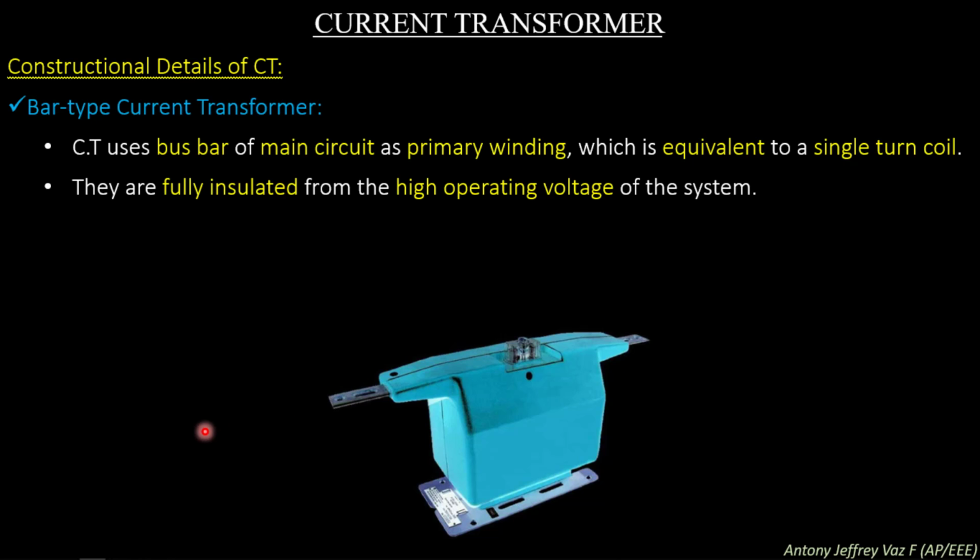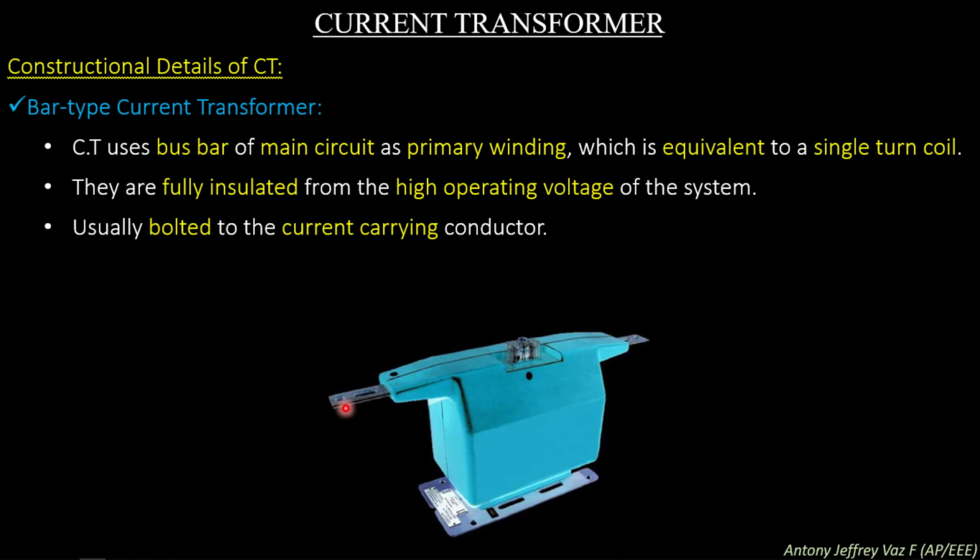So the complete primary current will be flowing through this bus bar in the current transformer. So we need to insulate it completely to avoid any accidental events. Usually bolted to current carrying conductors. So the bus bar is bolted into the current carrying conductors.